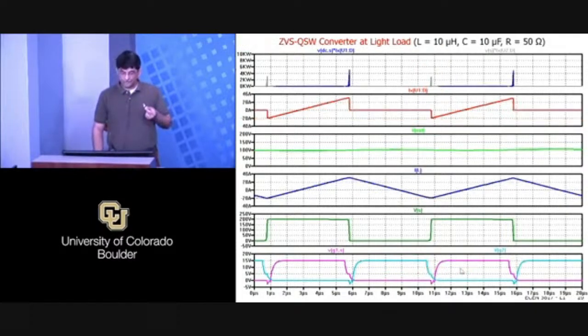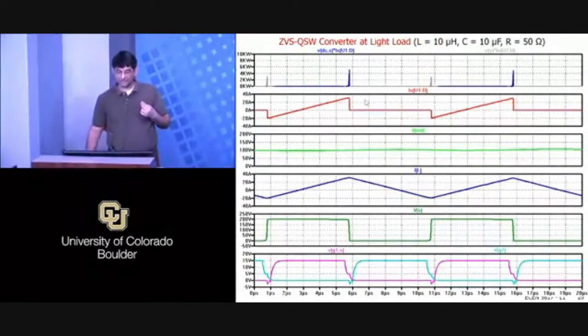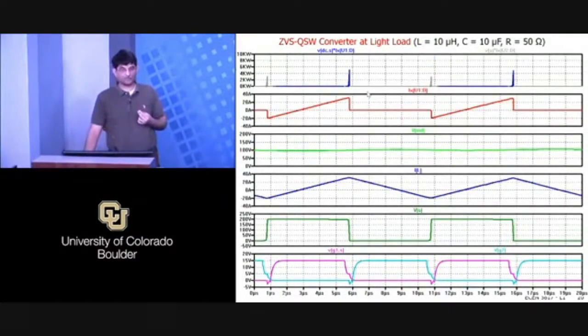And in fact, this is the simulation with the quasi-square wave, and you actually see that the switching losses were lower in the case of the hard switching than in the case of the quasi-square wave.